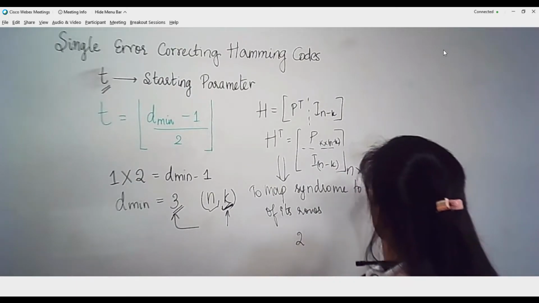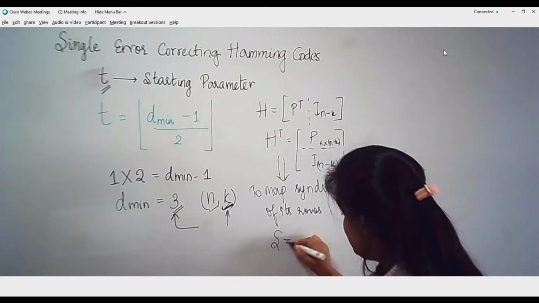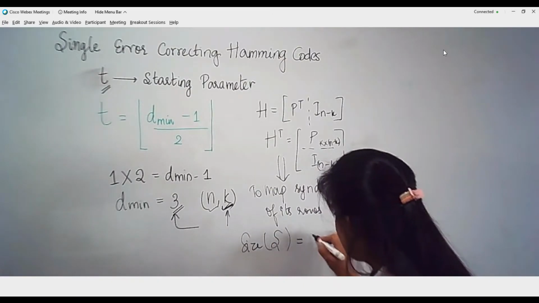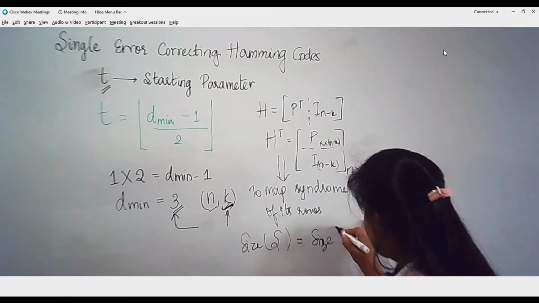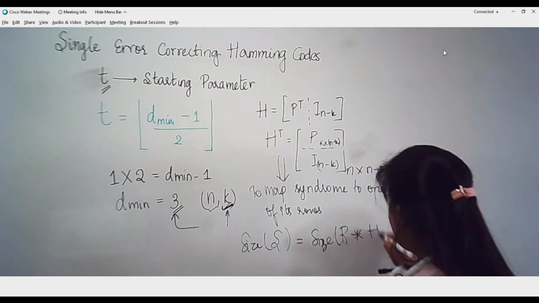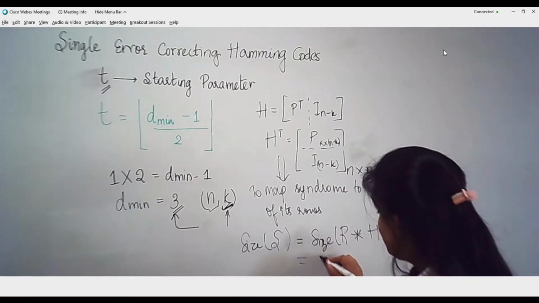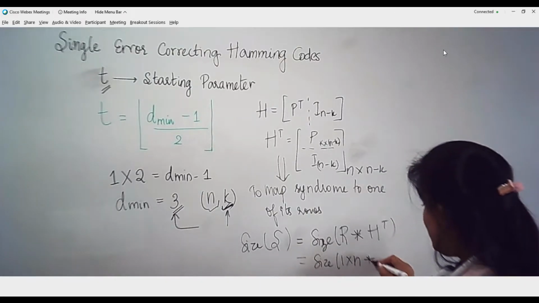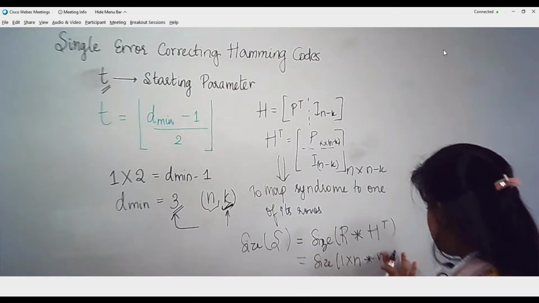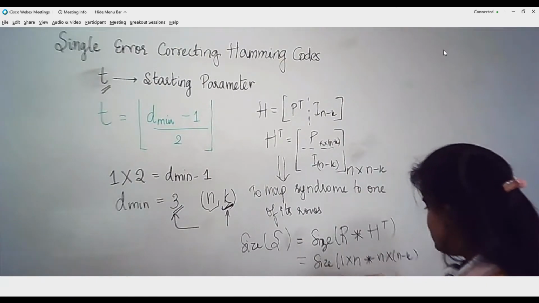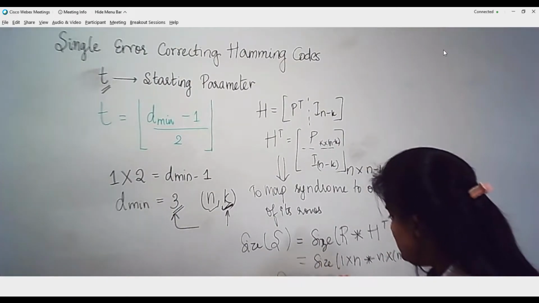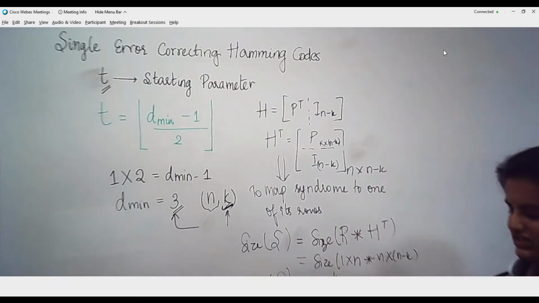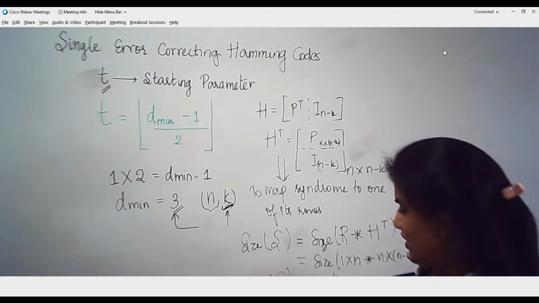We already know the syndrome is obtained by matrix multiplication of R with H transpose. R is of the size 1 cross N multiplied by N cross N minus K. So totally the size of S is N minus K.